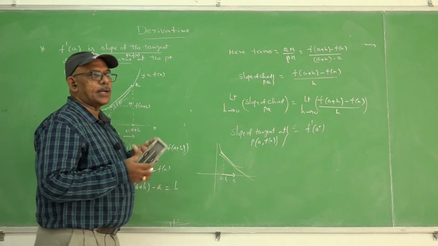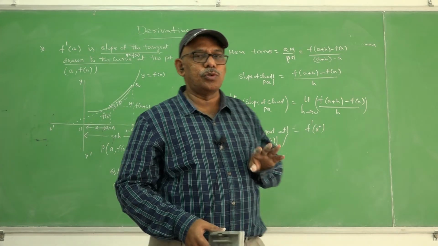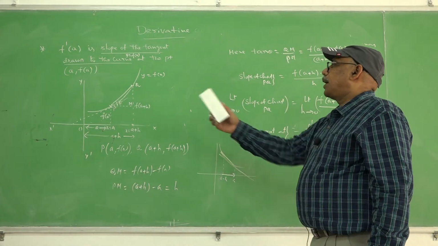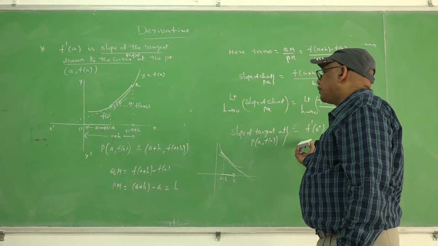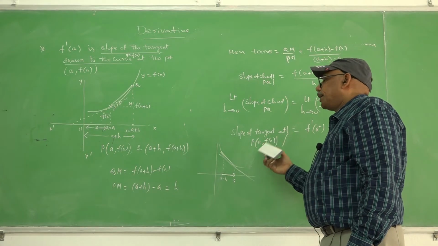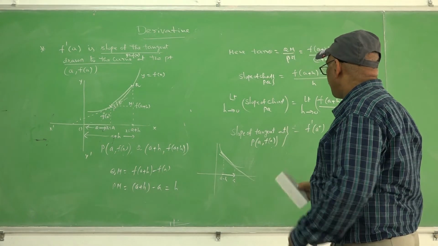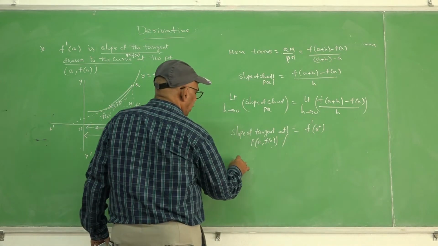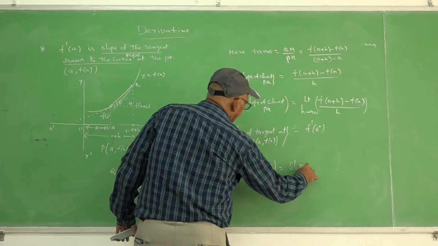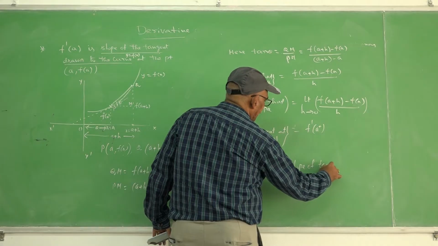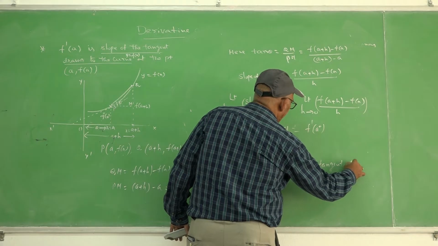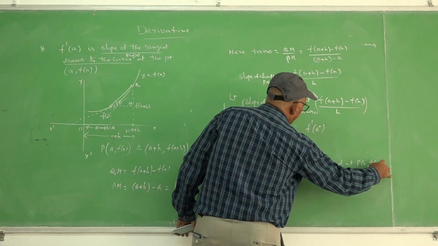Derivative geometrically gives us the slope of the tangent. That is worth noting here. Based on the right derivative definition, the slope of the tangent at a is f dash a plus. Similarly, f dash a minus is also the slope of the tangent of y equal to f x at the point (a, f of a) itself.